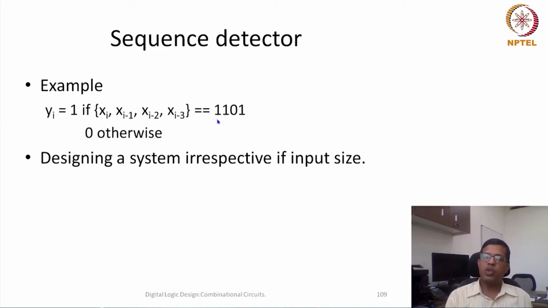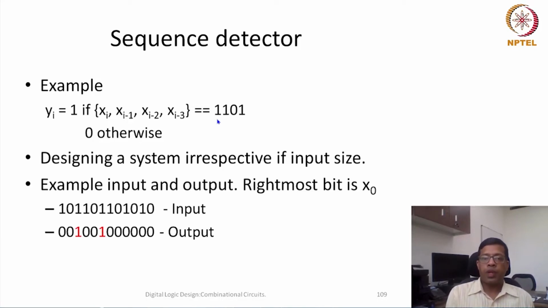If this problem is given to us, that I would like to match a particular pattern in a sequence of bits, how should I go about it? To understand, the first thing we have to do is take an example and see how it actually works.